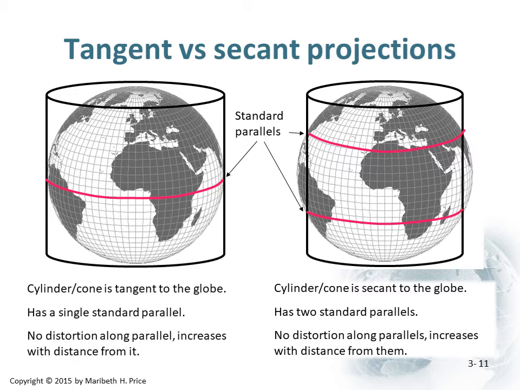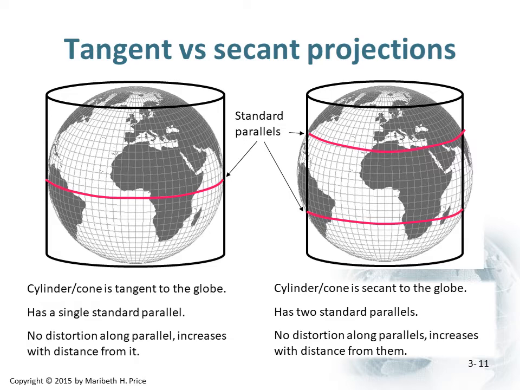Now, as if not complicated enough, when we have these various projections like cylindrical or conic, and we envision that plastic wrapped around that globe, it can actually happen in two ways. The first is with a single standard parallel. So imagine you draw that plastic down tightly so that it touches the globe at one spot. In the traditional cylindrical configuration, that's going to be the equator.